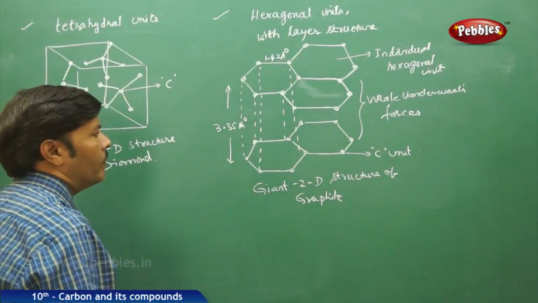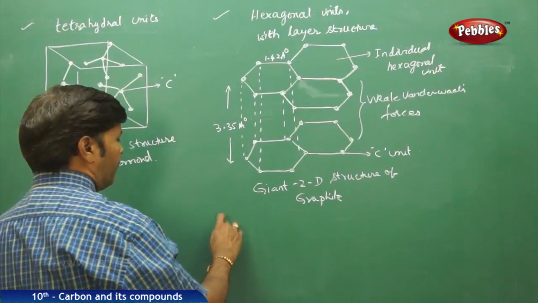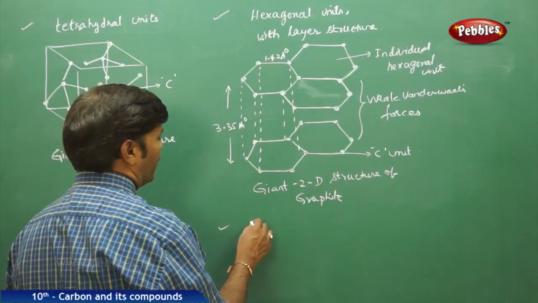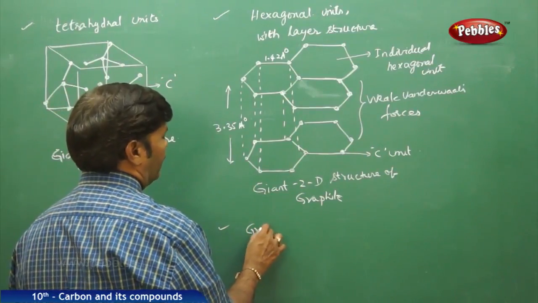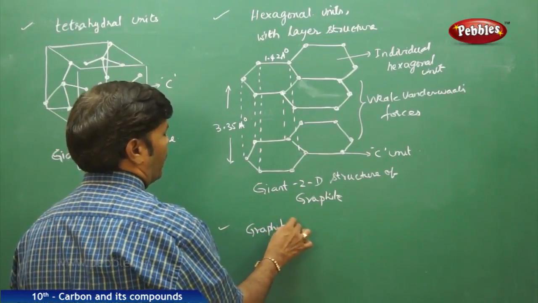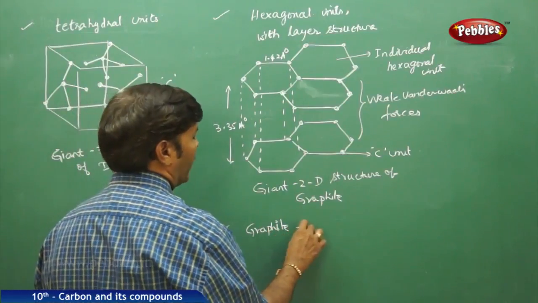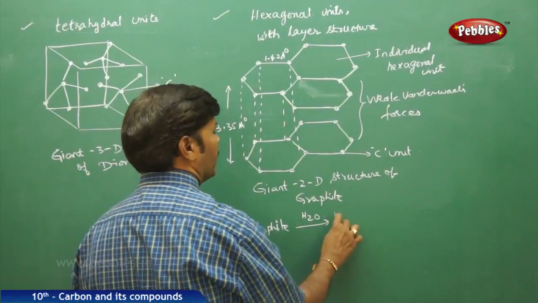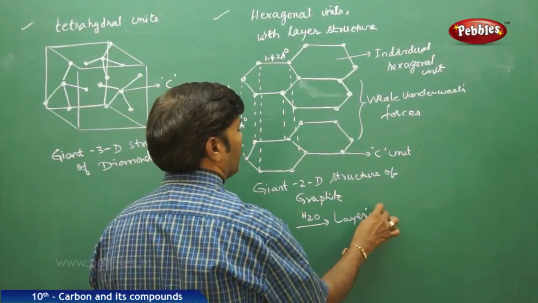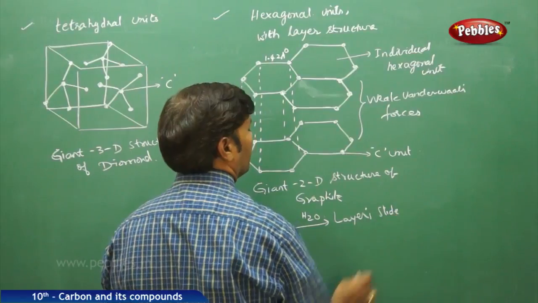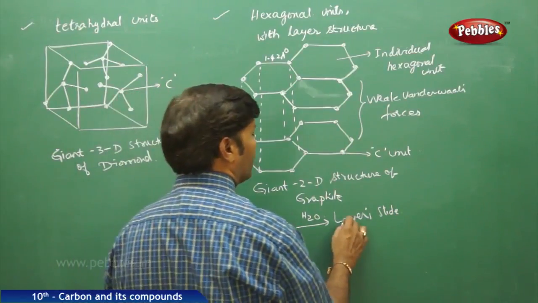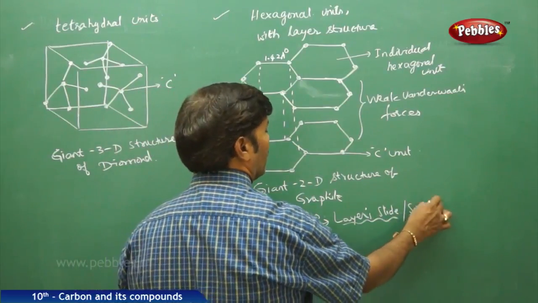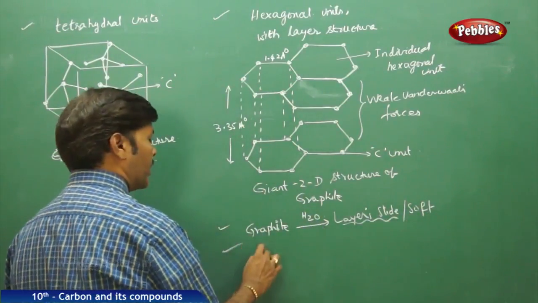When graphite comes in contact with water, the layers in graphite slide against each other. Because of this layer slide, the graphite becomes soft, and it is used as a lubricant.